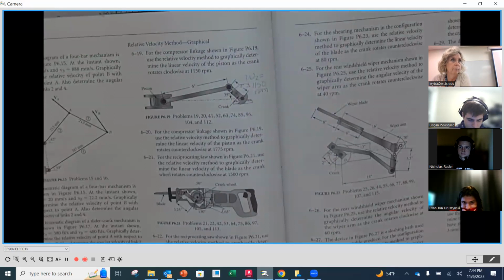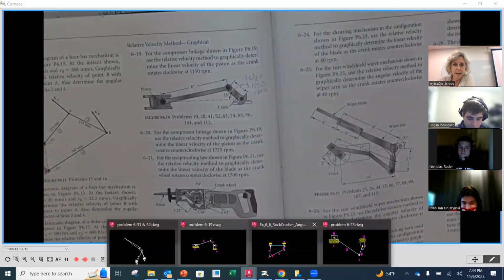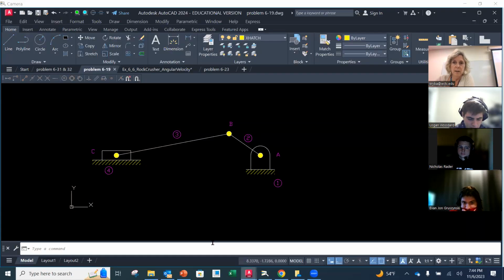Now I'm calling it W2 because when I look at my kinematic diagram, it's our classic 4-bar mechanism with our number 1 being the frame, number 2 being that crank, number 3 being the connecting rod, and number 4 being the slider. Okay.